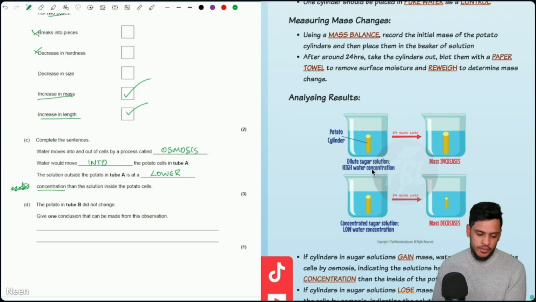Yeah, they would tell you. They'll tell you if it's water concentration, then you have to say higher. But if it's just concentration, they mean the amount of sugar. The amount of sugar in it. So that would be lower because there's more water in it. Hope that made sense. Tell me if it didn't. I'll explain it again.